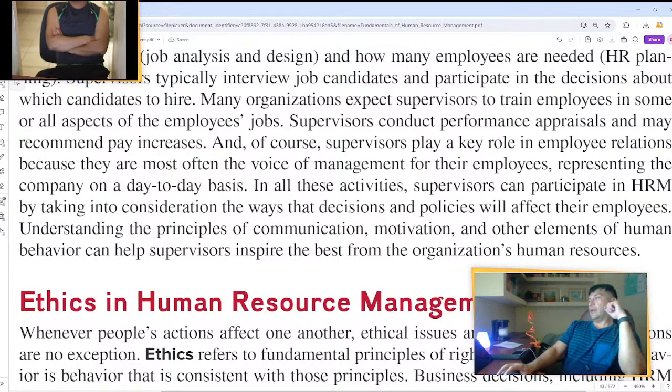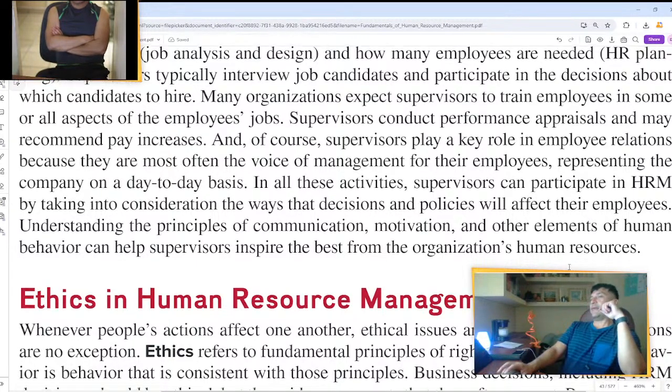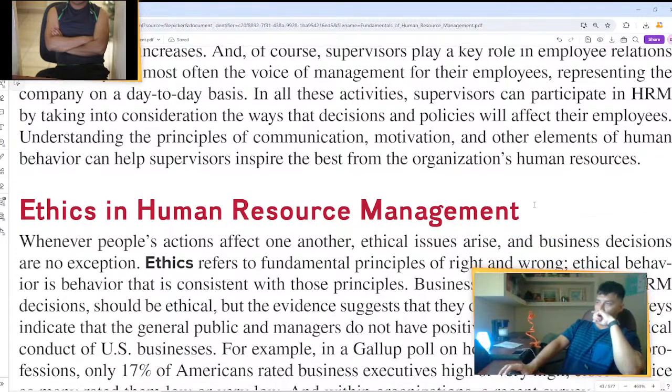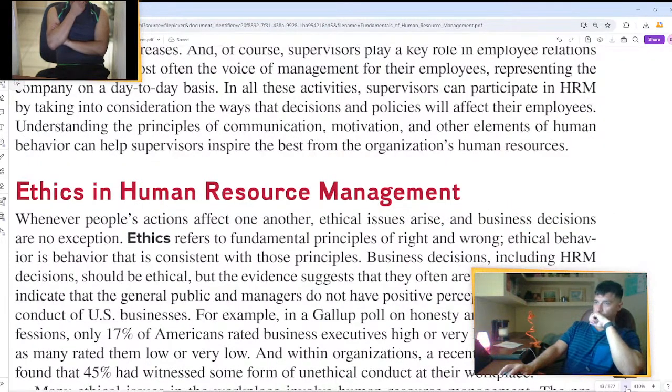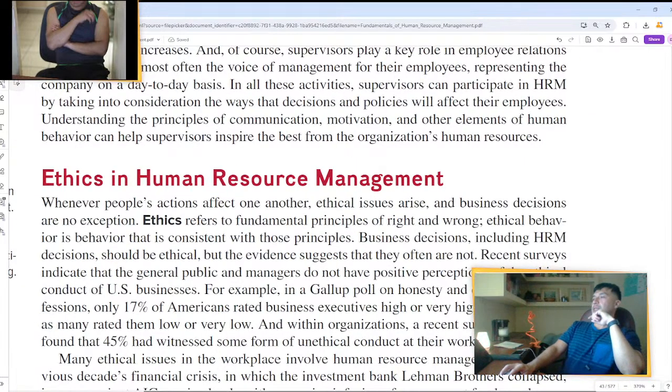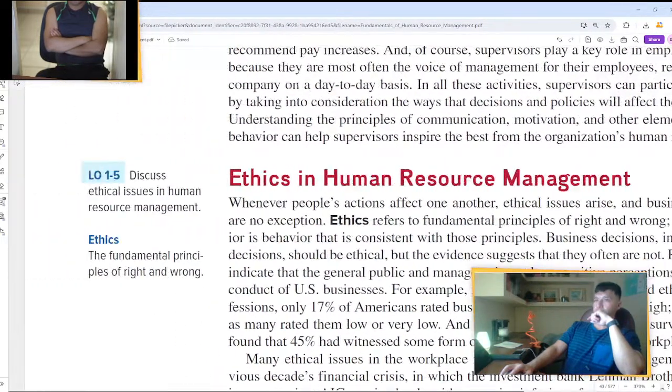All right. So here we have the ethics in human resource management. Remember we talked about the morals and honesty and integrity when we talked about the ethical practice.